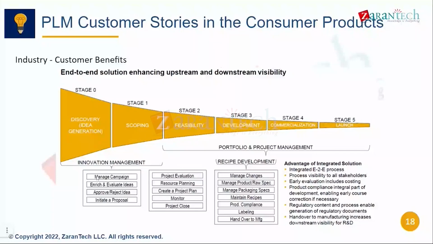Now if you talk about portfolio and project management, these things can be done: project evaluation, resource and capacity planning, financial planning, creation of a project, creation of a master project, portfolio items. Those things are part of portfolio and project management, monitoring and everything. The link between project and PLM is recipe development.